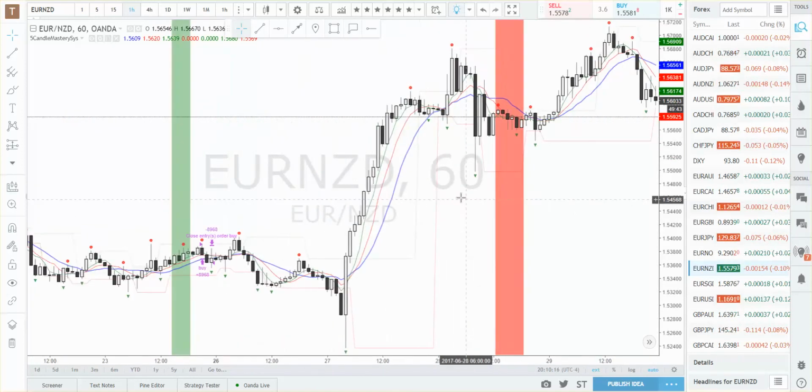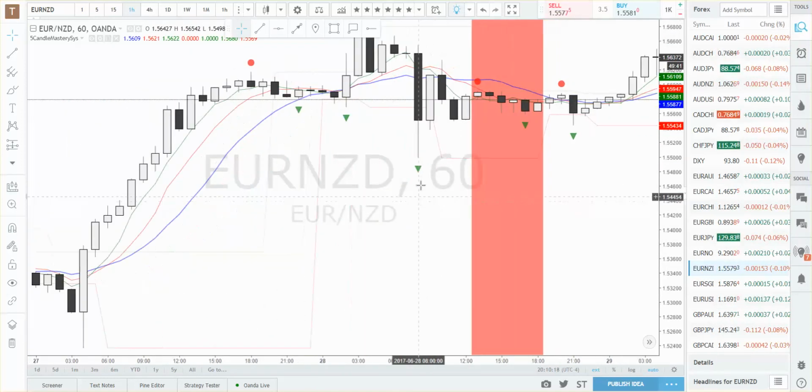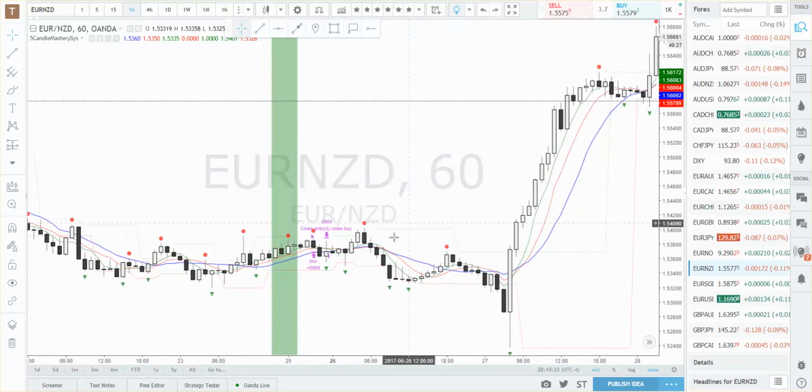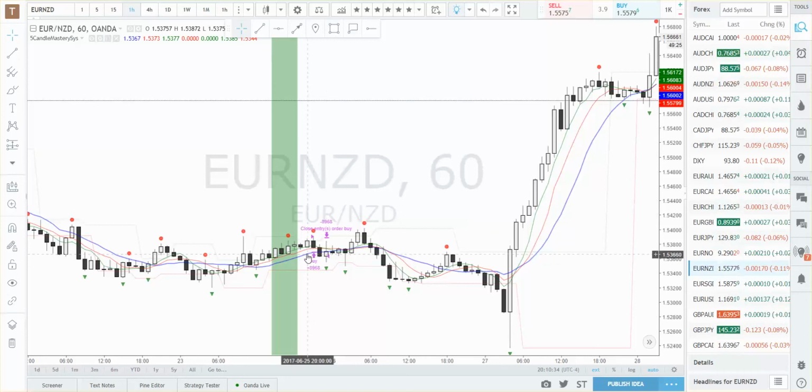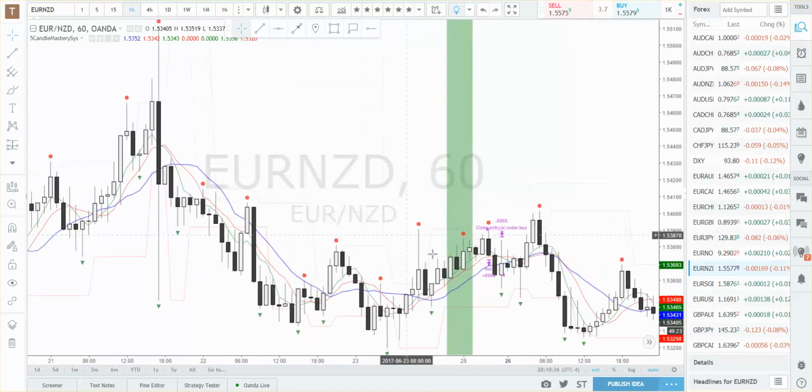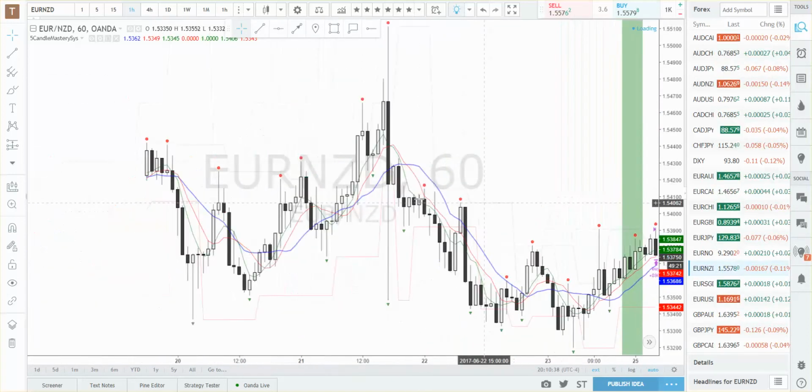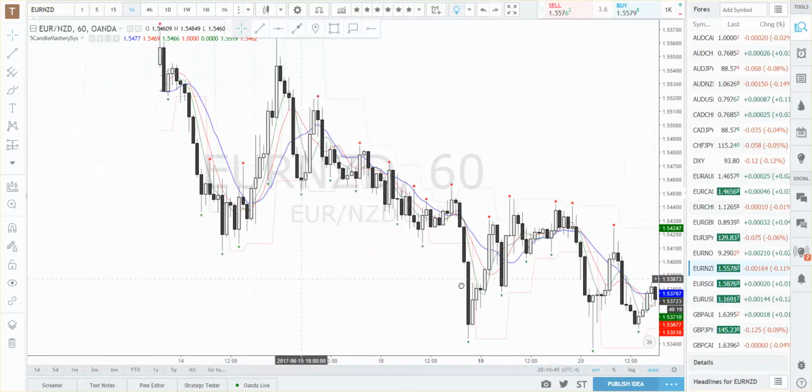This is another example where it was looking for this fractal low here, there was a setup here, but it just never broke down. This is an example of a buy that got stopped out fairly quickly.